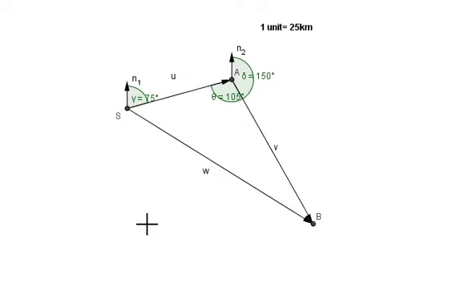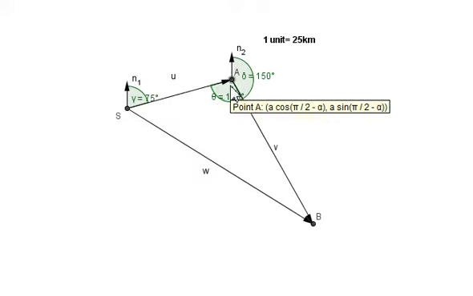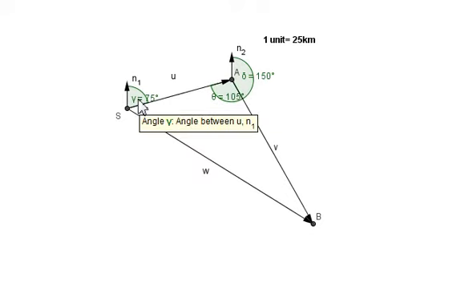So here is the diagram of the problem. Vectors n1 and n2 represent north directions of unit 1. Both lengths are equal to 1, and 1 unit here represents 25 kilometers. Here the bearing of vector u is 75 degrees, which is gamma.